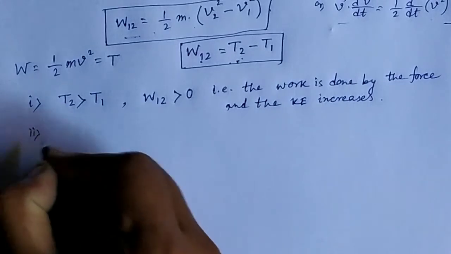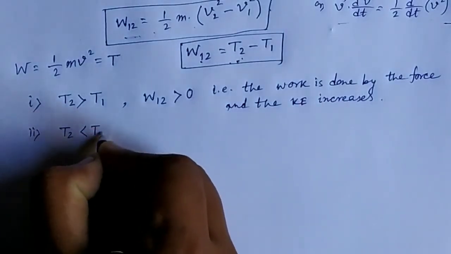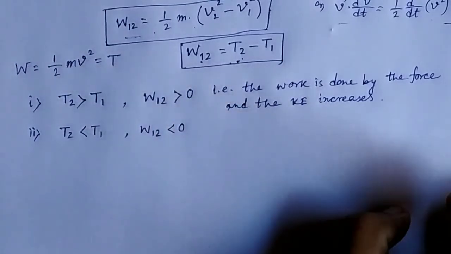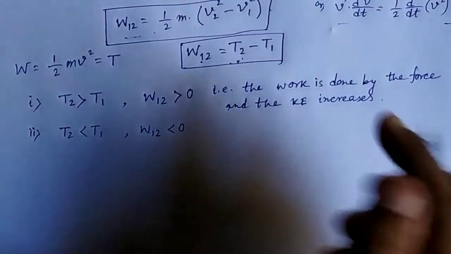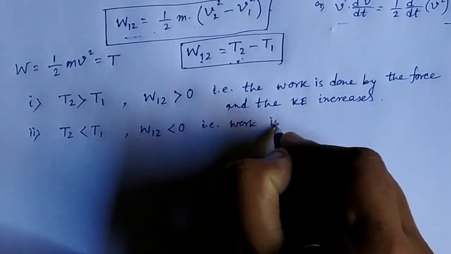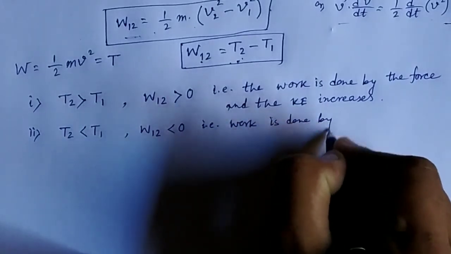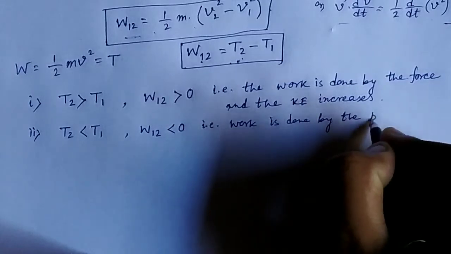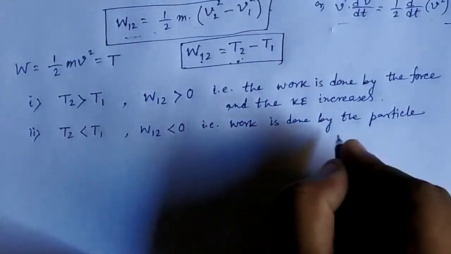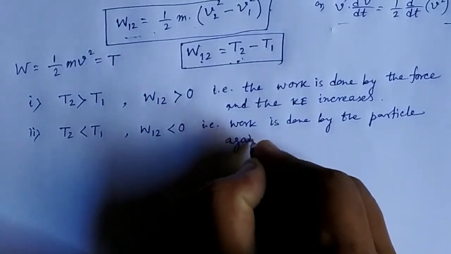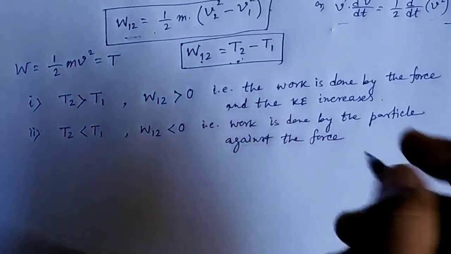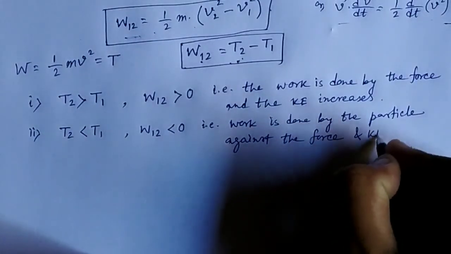If T2 is less than T1, then W12 is less than 0, which is also known as negative. Then the work is done by the particle against the force, and kinetic energy decreases.